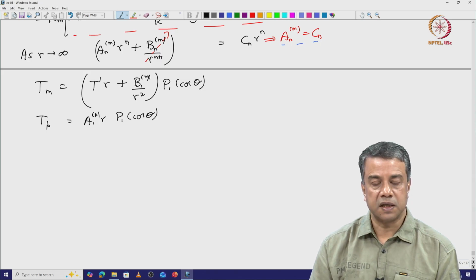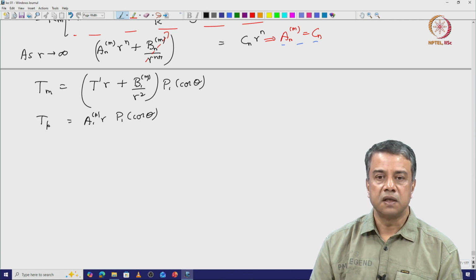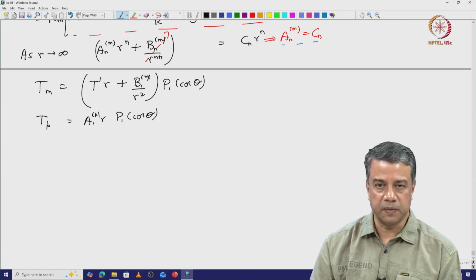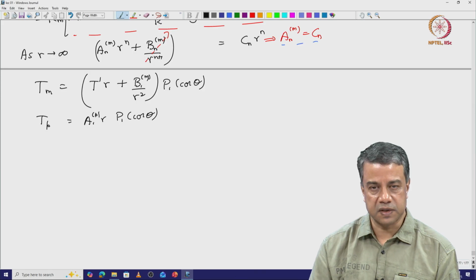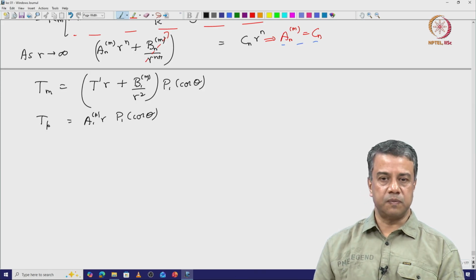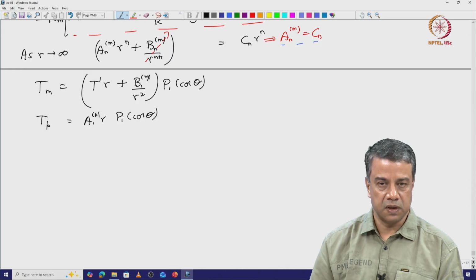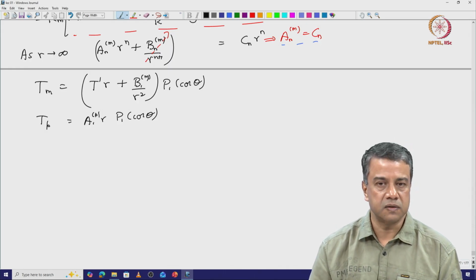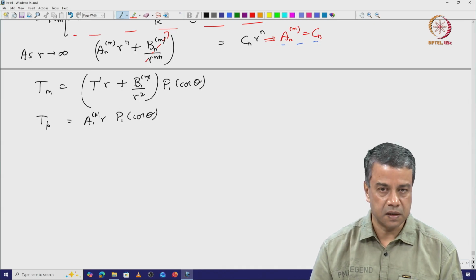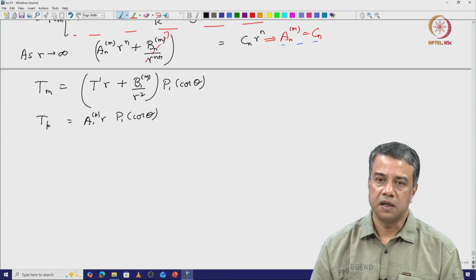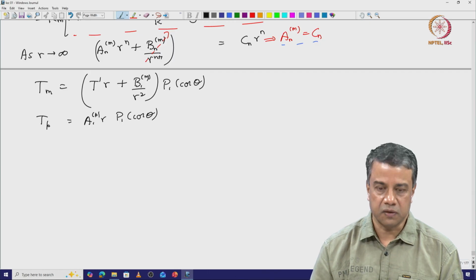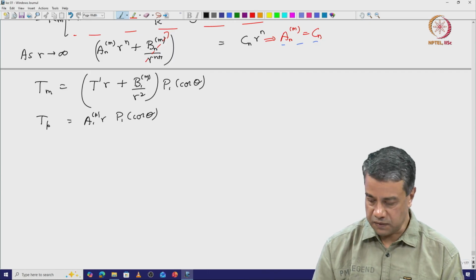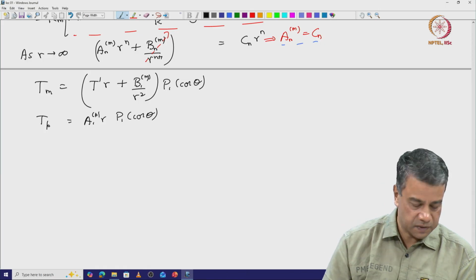That means that if the forcing is in the form of P1 of cos theta, the response throughout the domain can only be of the form of P1 of cos theta, because for all the other P2, P0, P3 etc., the forcing is 0. And if you apply the boundary conditions, you will find that the boundary conditions as well as the conditions at infinity are identically satisfied if the coefficients are all 0. Okay. So, the only forcing is of the form of P1 of cos theta.